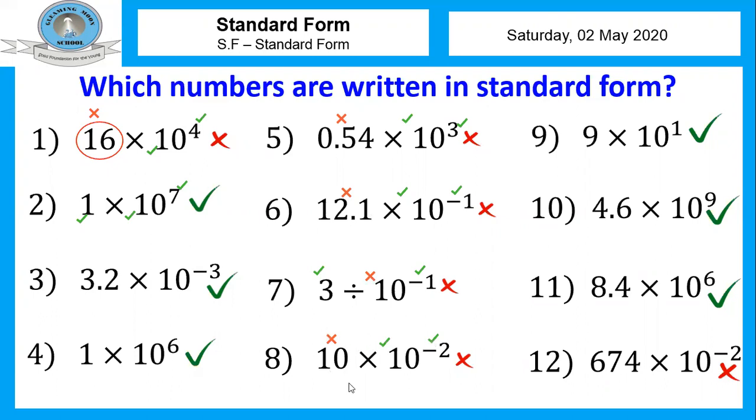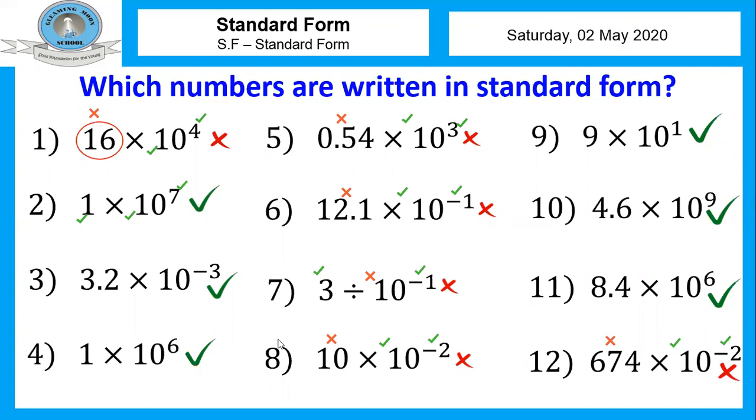But because this is 10, it is not in standard form. Number 12. We have 674 times 10 raised to the power of minus 2. Obviously, you can see that 674 is way, way, way higher than 10, and so it does not qualify to be a standard form, even though it is multiplied by 10 and raised to an integer power.